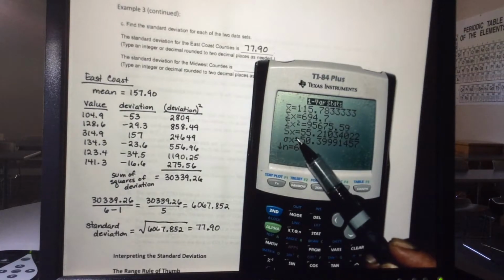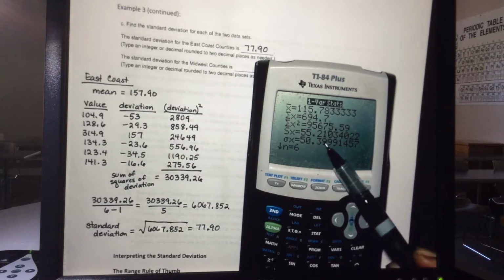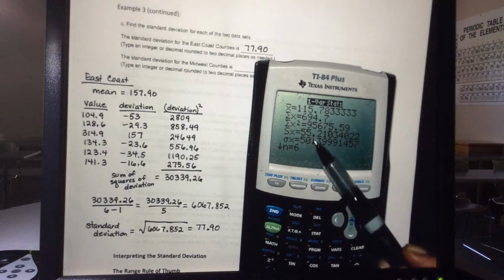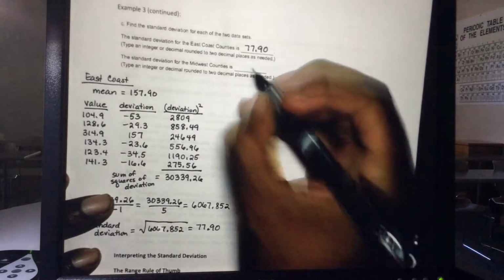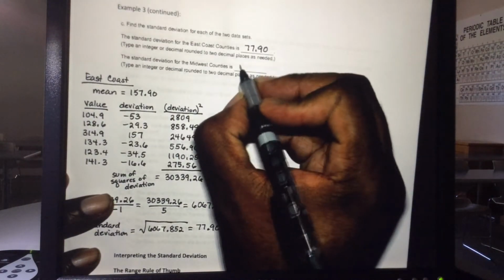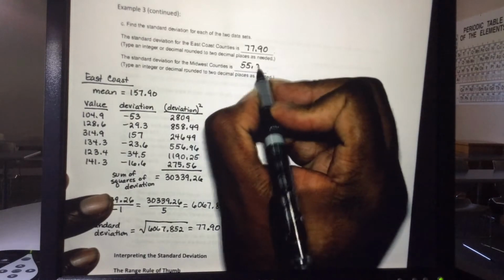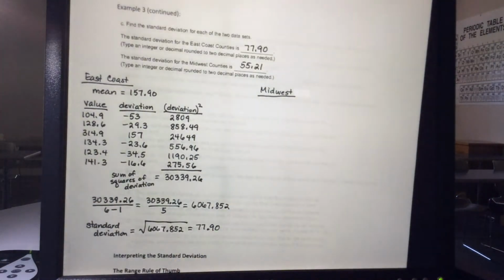S sub x will be your standard deviation that you want to use. And as you can see, in this case, it is 55.21. So for the Midwest counties, it's going to be 55.21 for your standard deviation. Okay.